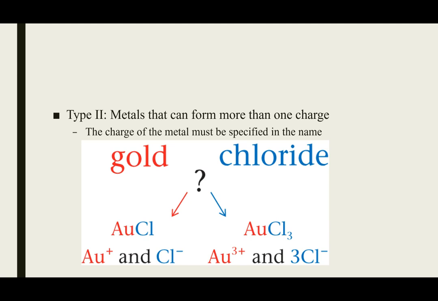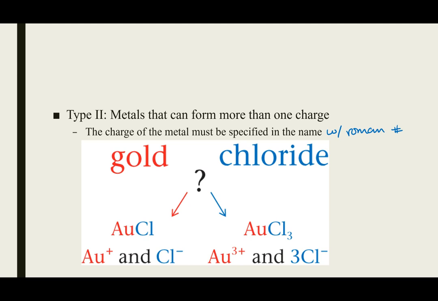But for something that can form more than one charge, like gold, if I just said gold chloride, I don't know what the formula is for sure. And so I have to add something to the name to indicate what the charge is. And what you add is a Roman numeral that indicates the charge. So the charge of the metal must be specified in the name, and you do that with a Roman numeral.